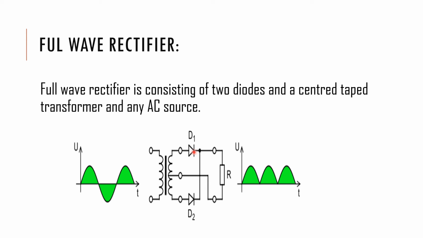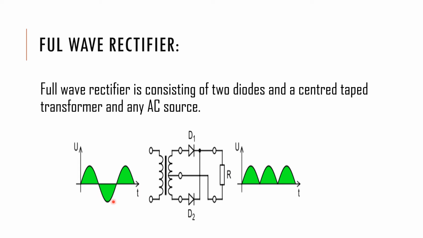So in the positive half cycle, D1 conducts and in the negative half cycle D2 will conduct. As a result, both half cycles are allowed to pass through, and the average DC voltage in full wave rectifier is twice the DC output voltage of a half wave rectifier. When it is the positive half, we get the output waveform.